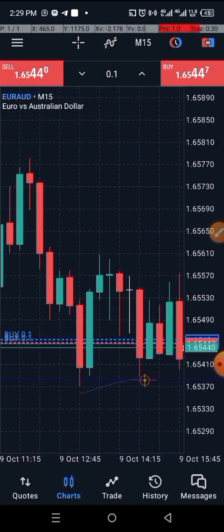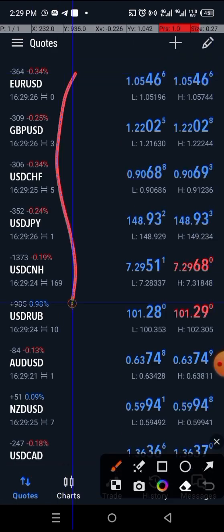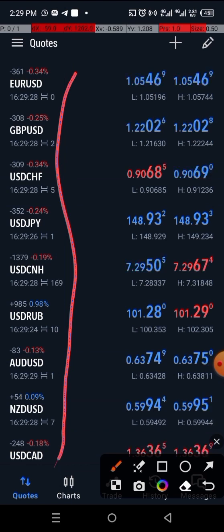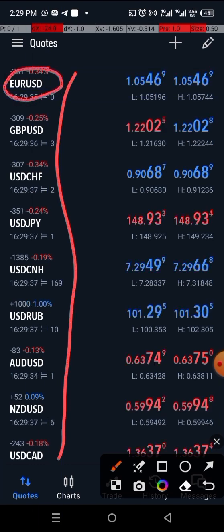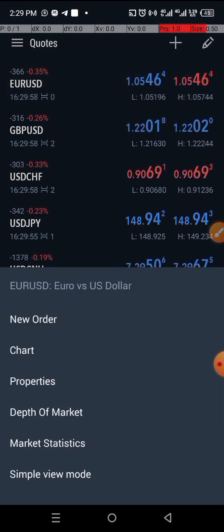You are going to realize that among these quotes that are here on my left, if I add any indicator on any currency pair, for example Euro USD, the indicator will be applied to all the other pairs each time I open the chart of the other pairs. Let me just open any random chart, like this one of Euro USD, so that we can do the practice on adding indicators. I click on Euro USD and I click on the chart.